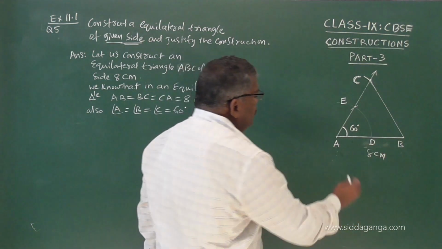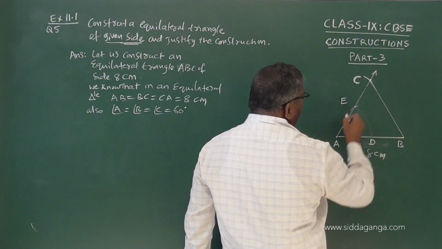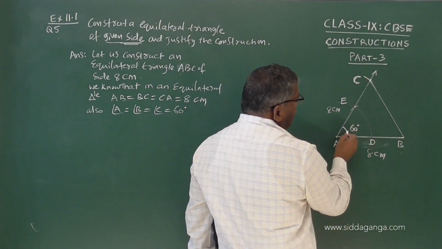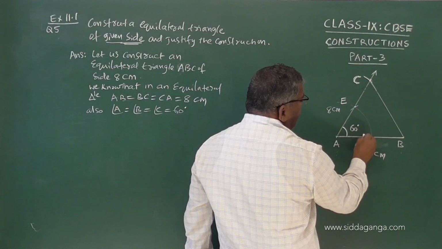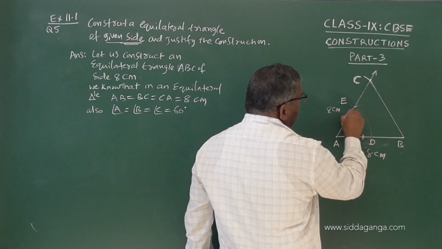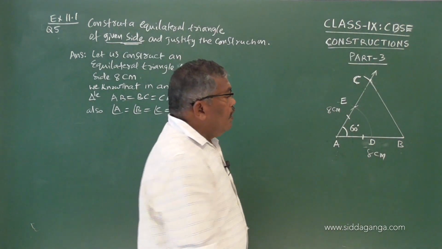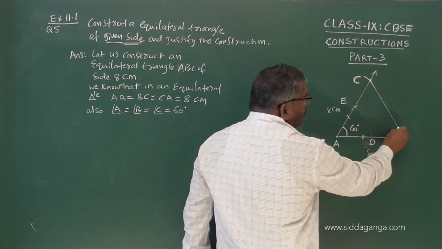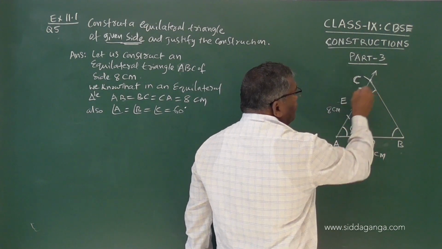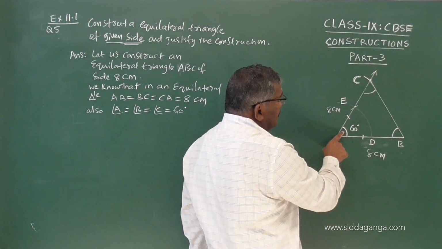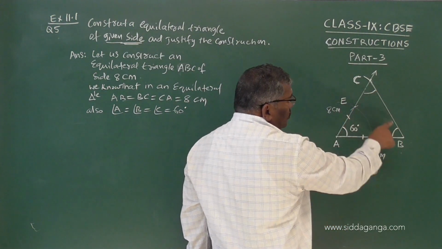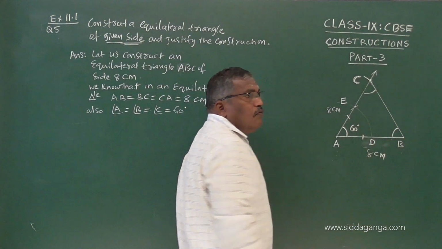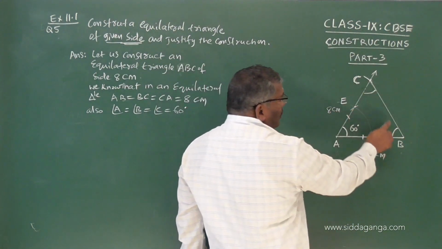Now you know AB is 8 centimeter, BC is also 8 centimeter with the same radius I have cut. This is a 60 degree angle. We know that AB length is equal to AC length. In a triangle ABC, if two sides are equal, their opposite angles are also equal. When this is 60 degrees, these two total must be 120 degrees, because the total should become 180 degrees, and these two are equal.